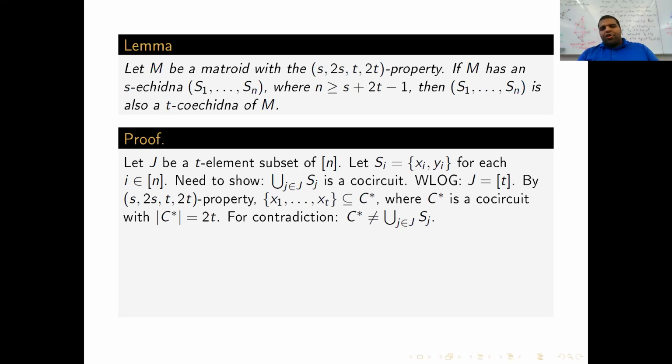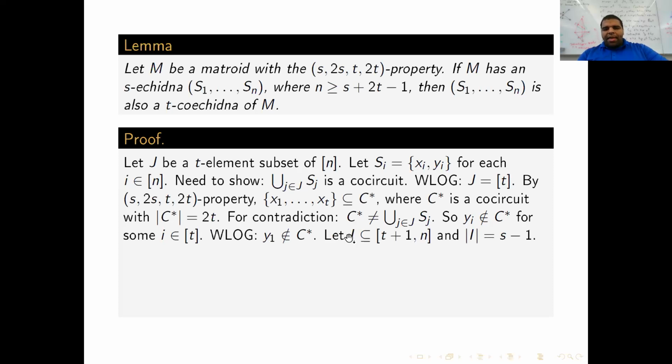Okay, so I want to show that this co-circuit is equal to the union of these J pairs. But for contradiction, let's say it's not. Well, that means that there has to be some element yi that is not in the co-circuit. And so all the xi are there, but some yi is not. And so I'm just going to say that that's y1 without loss of generality.